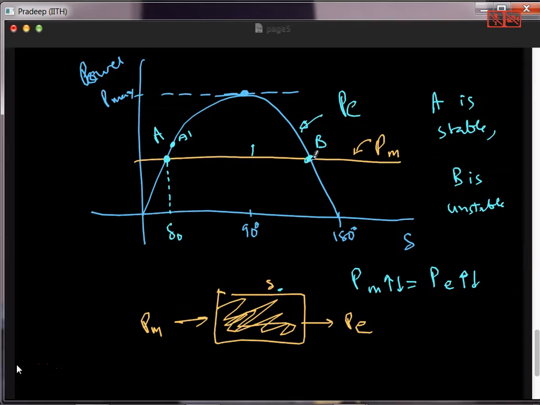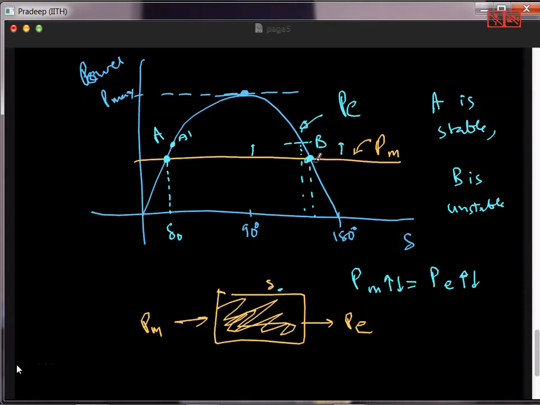Whereas here what happens, you notice, if I increase PM, I will slightly go up. But then here the delta is increasing and this is decreasing.